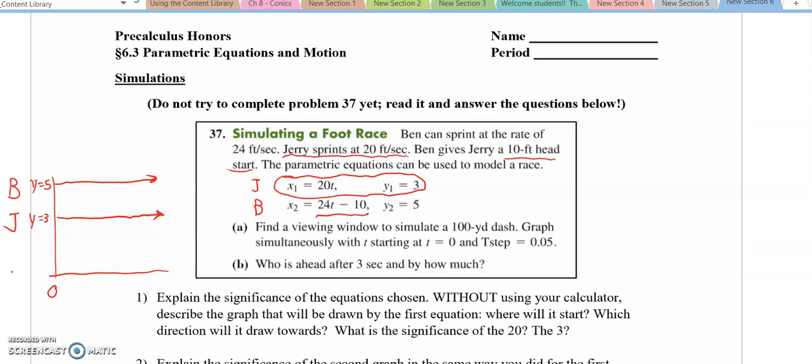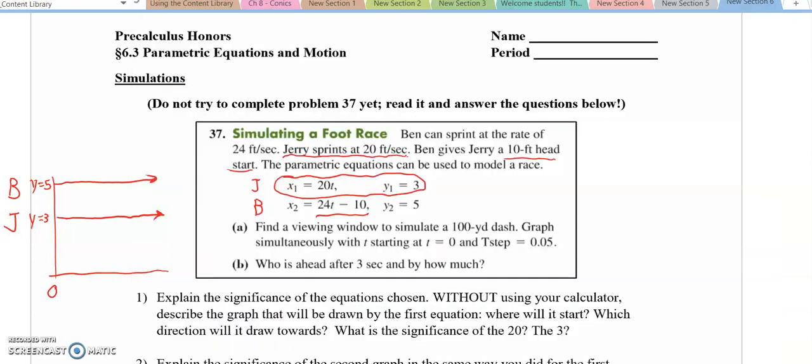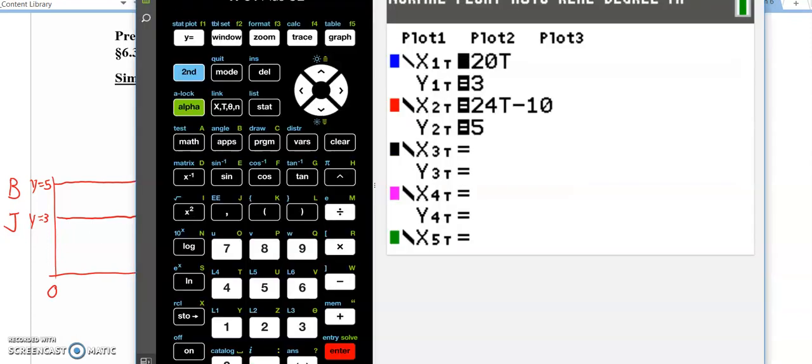Okay, so let's set up our calculator. I've already put the equations in, and we want to think about the window.